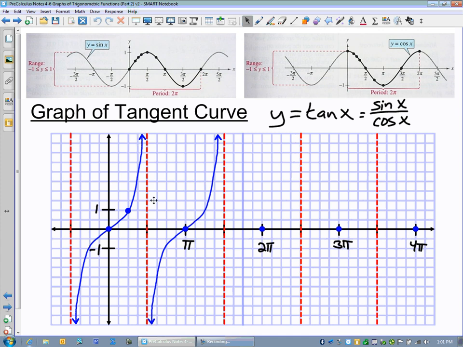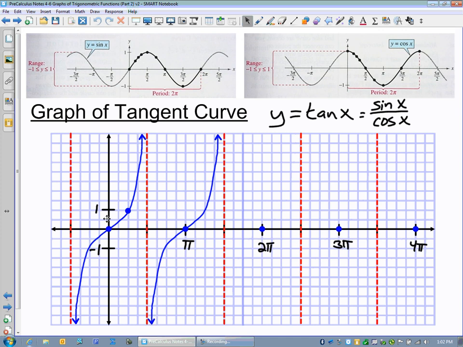And this is an interesting change in that the period of this function is actually pi and not 2 pi like sine and cosine. It's a coincidence of a positive over positive or a negative over a negative both being positive. And here it doesn't matter whether it's negative over positive or positive over negative, you're still going to get a negative.